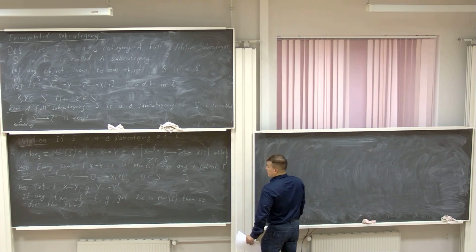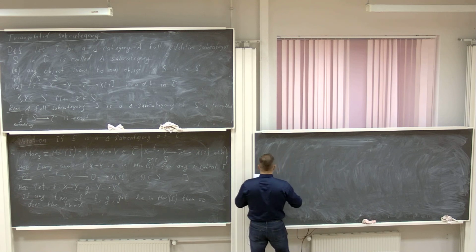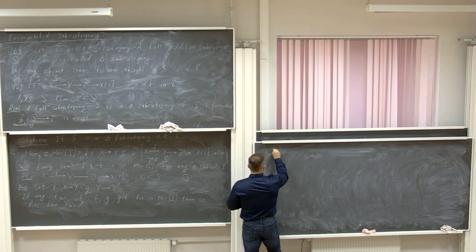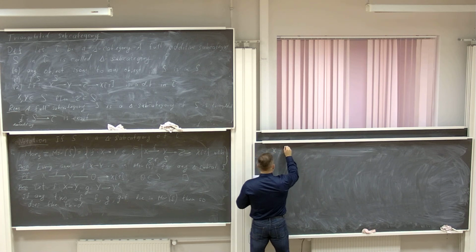So the proof immediately follows from the octahedral axiom. This is probably the first time when we really need triangulated categories. So the octahedral axiom tells us that we have the following huge diagram.